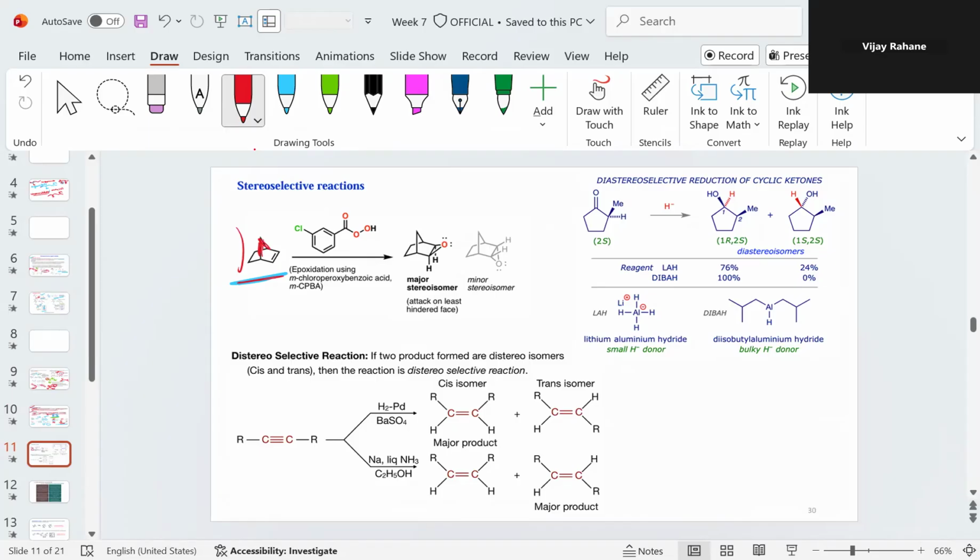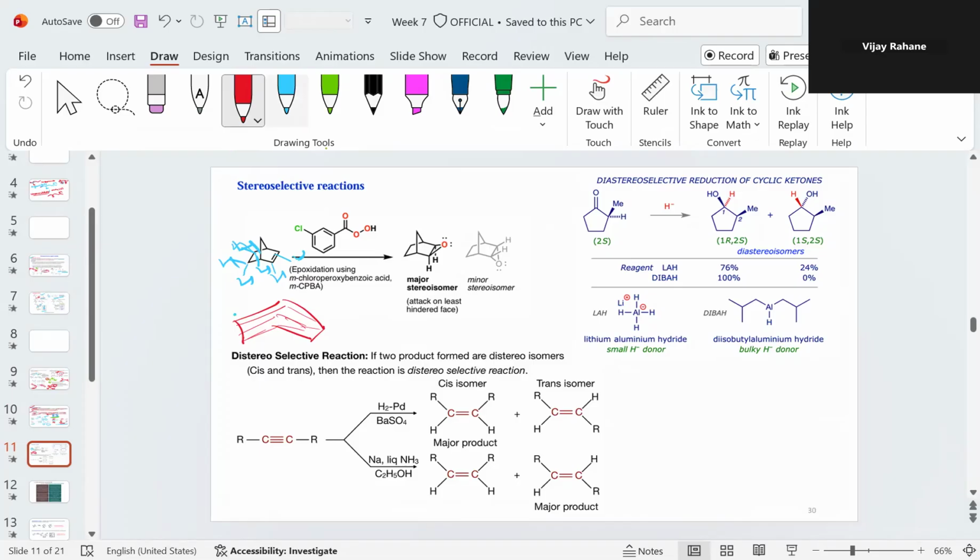Where this epoxidation happens, along with this steric hindrance, we also cannot ignore that this has some concave structure. So basically, if you look at the plane of this molecule, the plane is like this, right?